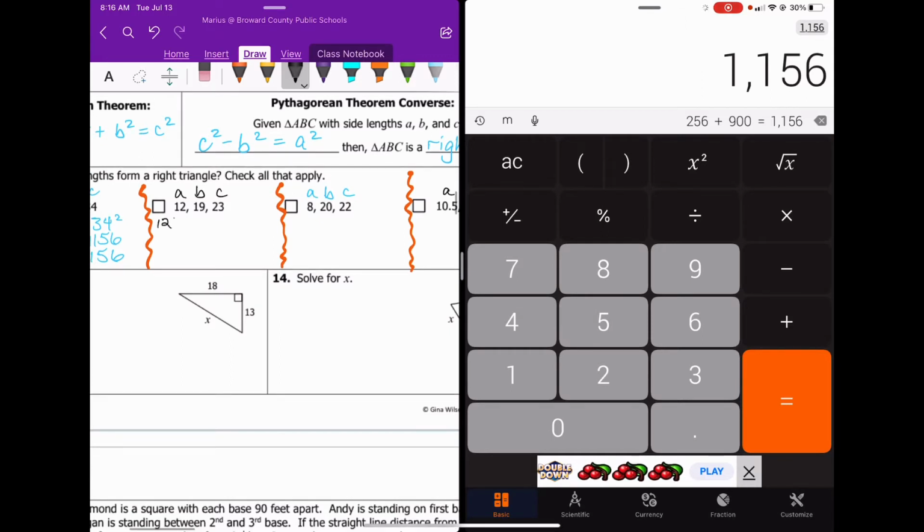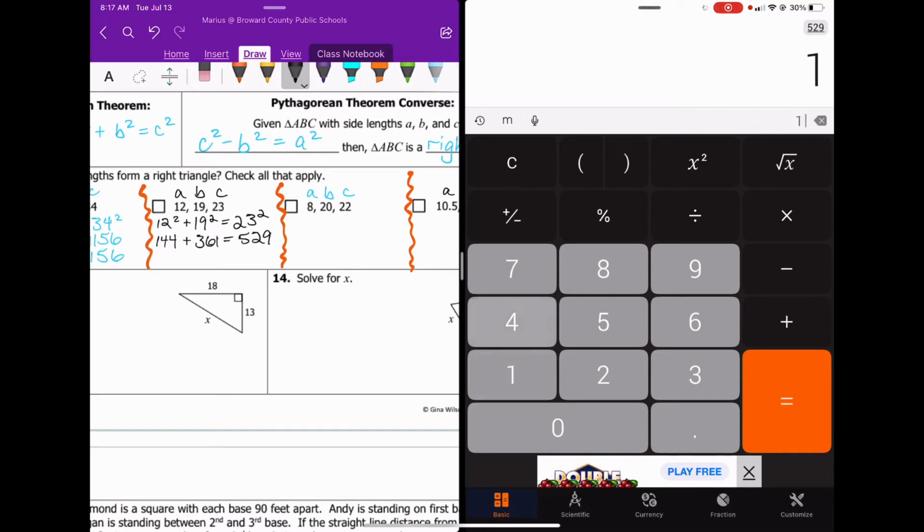We have 12 squared plus 19 squared equals 23 squared. 12 squared is 144. You should know that already. 19 squared is 361. And 23 squared, 23 times 23, is 529.